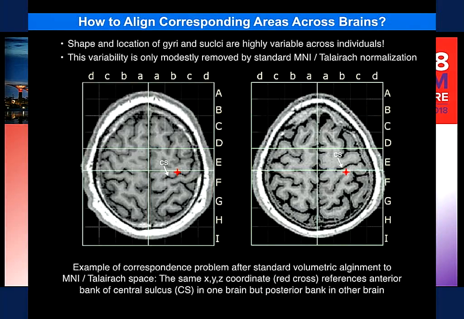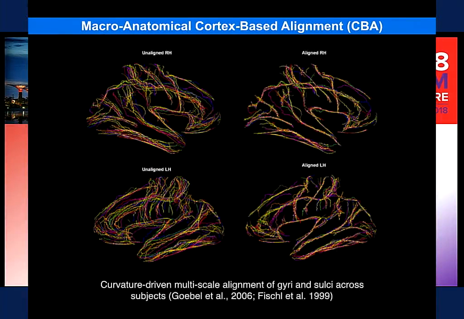And of course, a cortical alignment is not perfect with respect to cytoarchitectonics or functionally probed areas, but at least it might remove some of the variability where the same coordinate mislocates locations across subjects when you use these rather simple alignments.